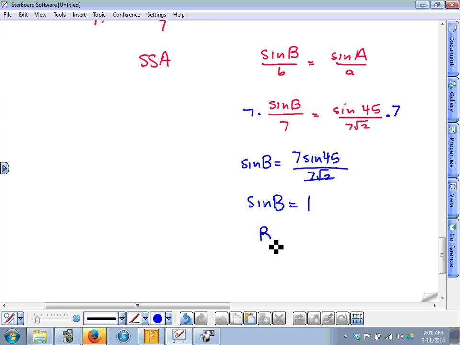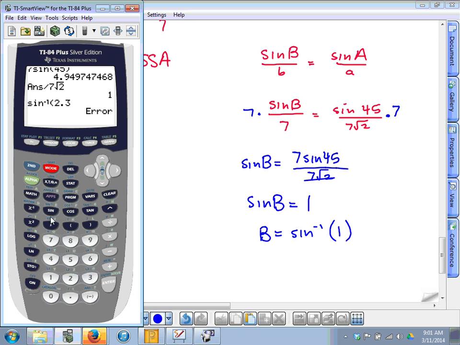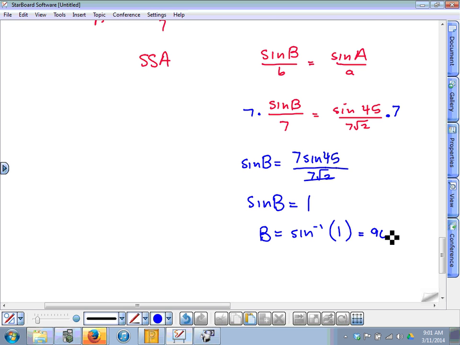Now we take the inverse sine, so capital B is equal to the inverse sine of 1. That you can do on a calculator. Inverse sine of 1 is equal to 90 degrees. That means angle B is a 90-degree angle.